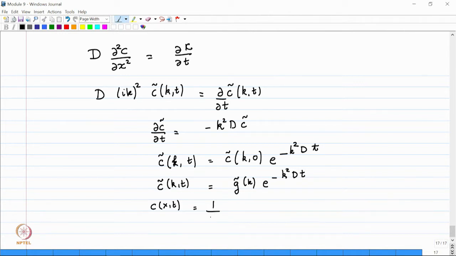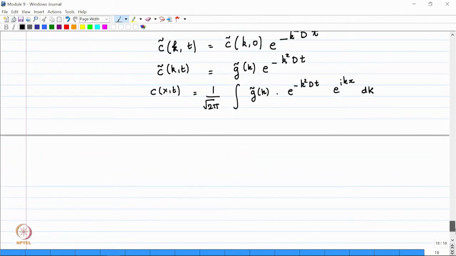So, I go ahead and calculate it: 1 over root 2 pi integral of g tilde of k times e to the minus k² d t, times e to the ikx dk. Now, what you are doing is taking the inverse transform of a product of functions.